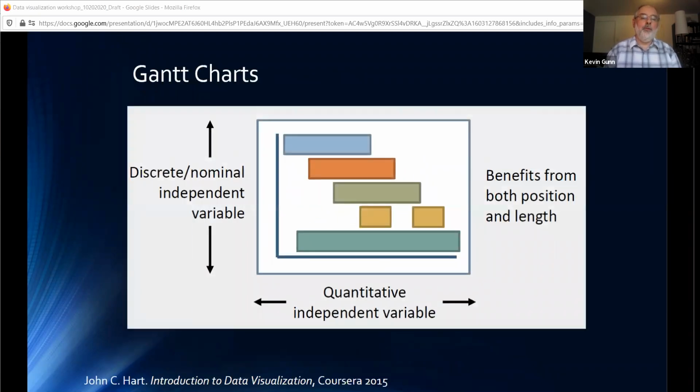Another thing that you're probably familiar with is Gantt charts. You have a discrete nominal independent variable, and that's compared with a quantitative independent variable. Probably the most common use of this is with regards to the various stages of a project.